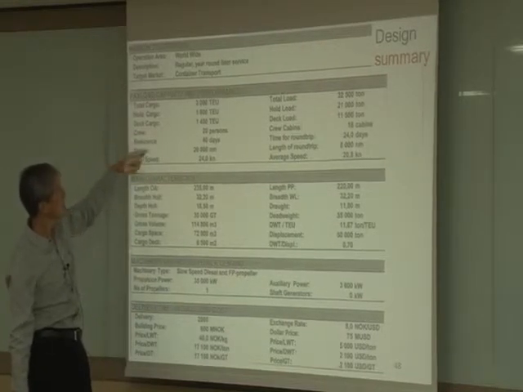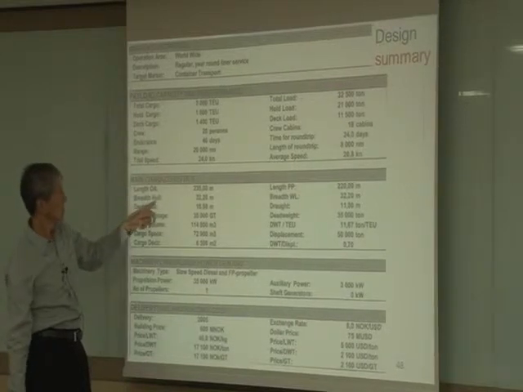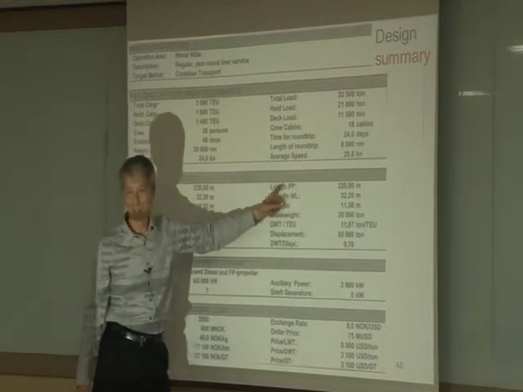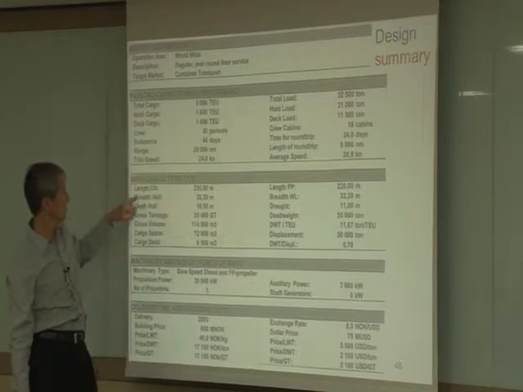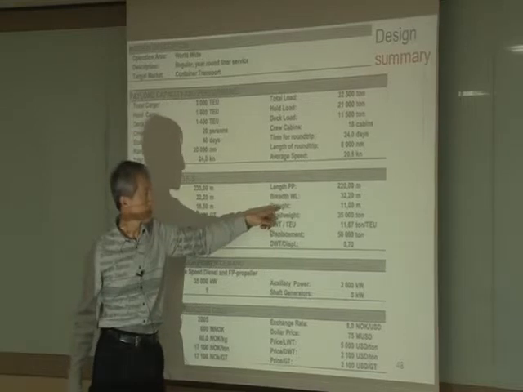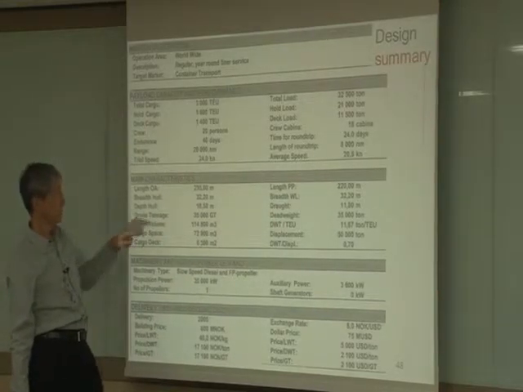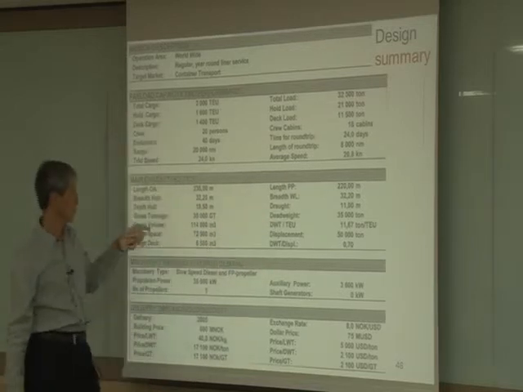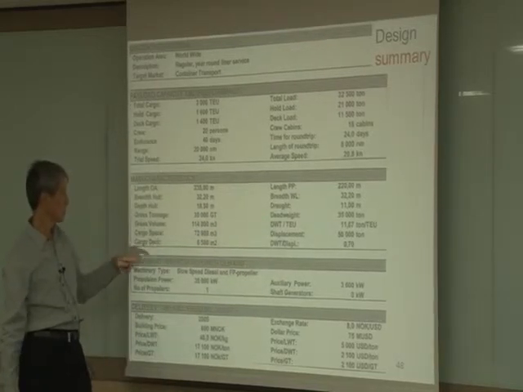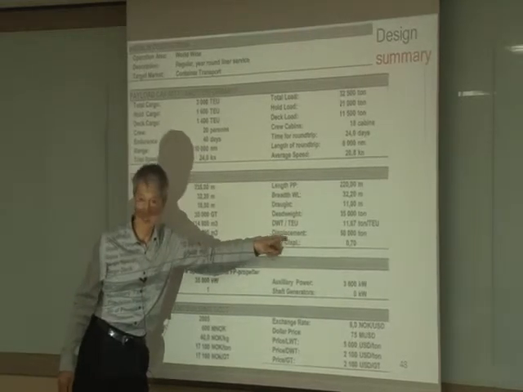Crew endurance is the same as before. Length overall and length PP you explained last time. Breadth, depth, draft were explained, right? And then gross tonnage, deadweight, gross volume, cargo space, and displacement. This is the total weight displacement.